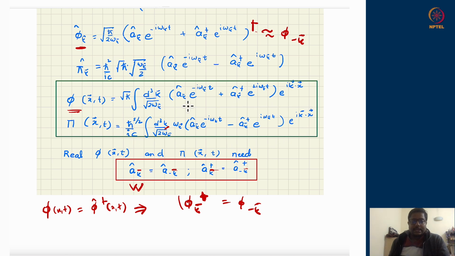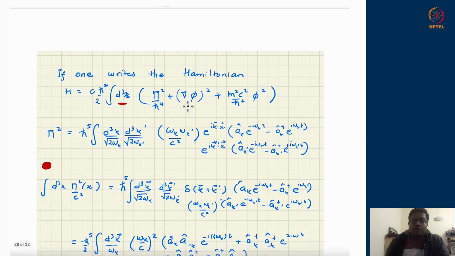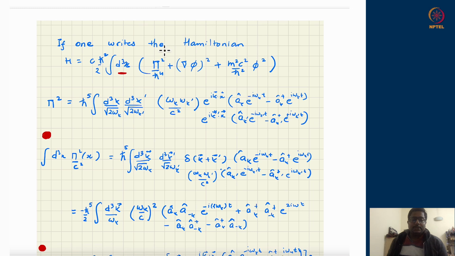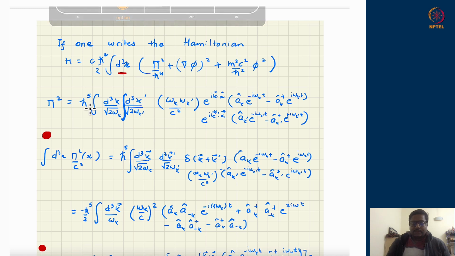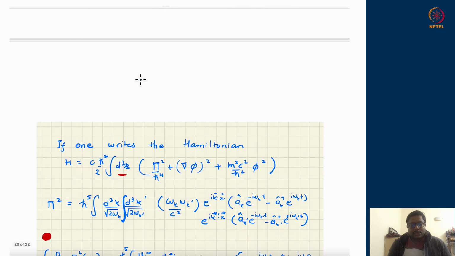So therefore, I would have a pi coming with a single integral. Pi square will come with 2 integrals, which I have written as a symbol here. So actually it is something like this: d3k root 2 omega k. Outside, remember what was there? If you pay attention, outside it was h to the power 1/2. After taking the square, it would become h.